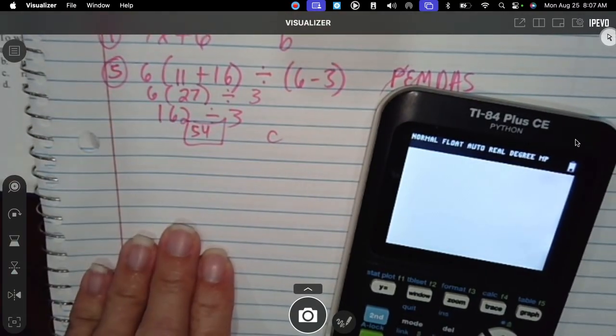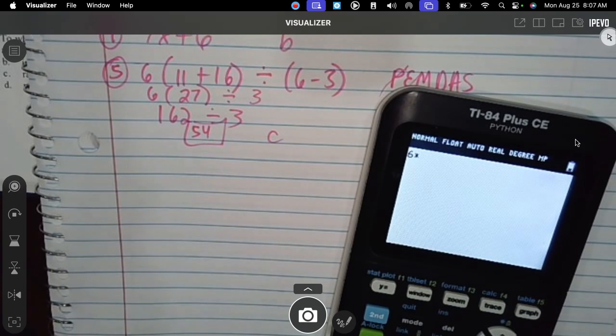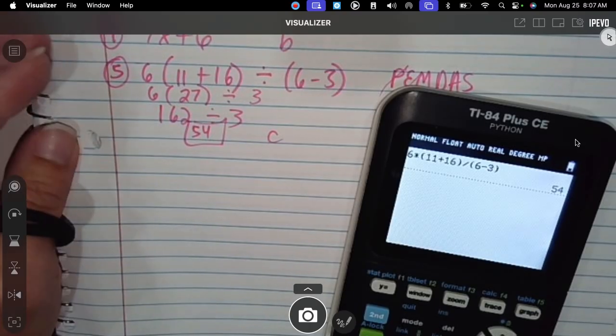Work that out like I taught you. But then, now that you have a calculator, you can use it. But you must type it in just right. And we get 54. Okay? If they have parentheses, what do I type in? Parentheses. Okay? So it matters.